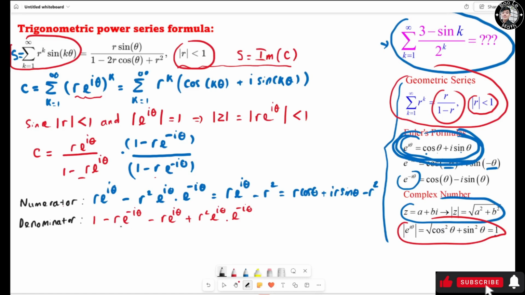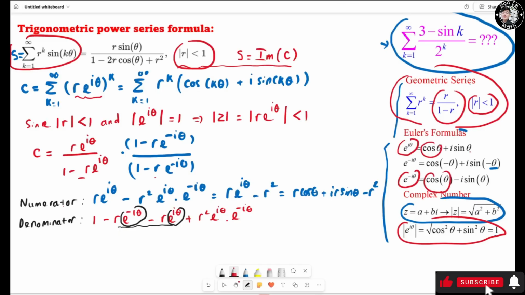Now we're going to factor negative r out, so we end up with this plus this. If we add these two, the imaginary parts cancel out. So we have 2 cosine theta, so it's going to be 1 minus 2r cosine theta, and this last term equals 1.